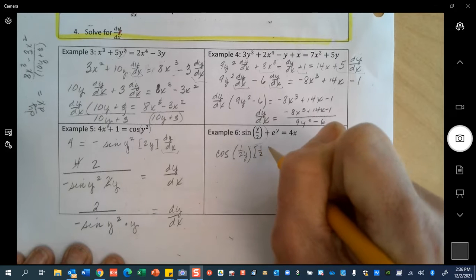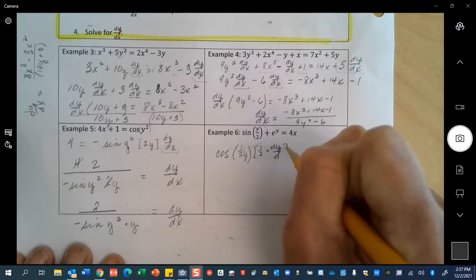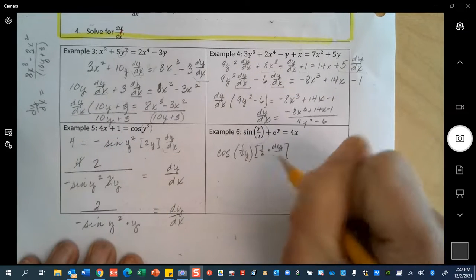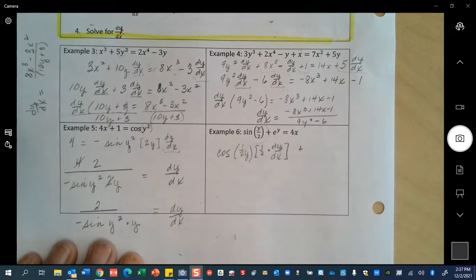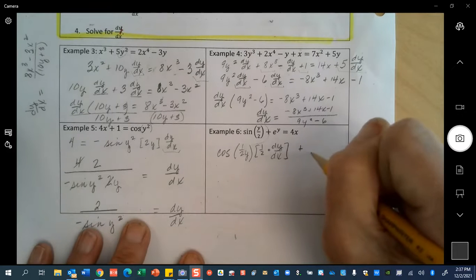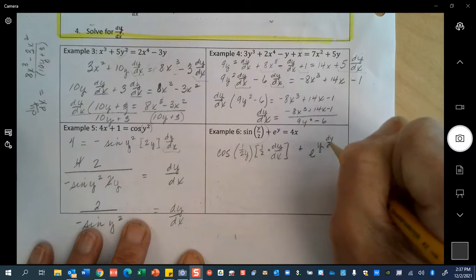One half dy/dx plus the derivative of e to the y is e to the y. Careful.